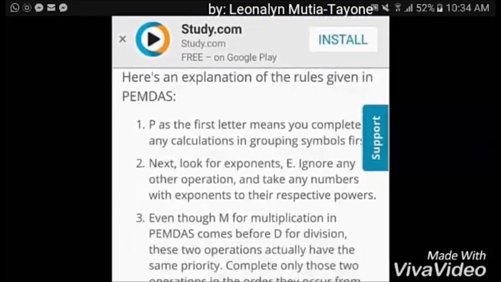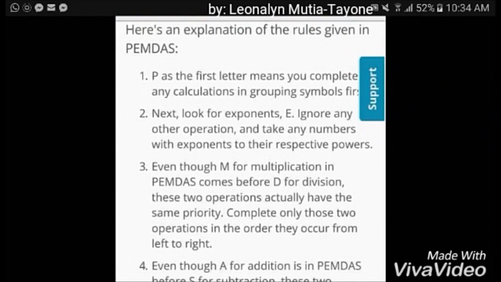This is from study.com. Here's an explanation of the rules given. P as the first letter means you complete any calculation in grouping symbols first. Next, look for exponents. Ignore any other operation and take any numbers with exponents to their respective powers. 3. Even though M for multiplication in PEMDAS comes before D for division, these two operations actually have the same priority.